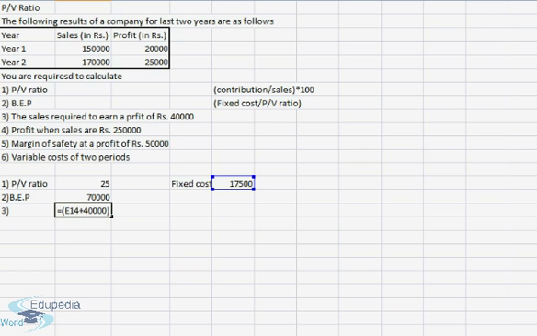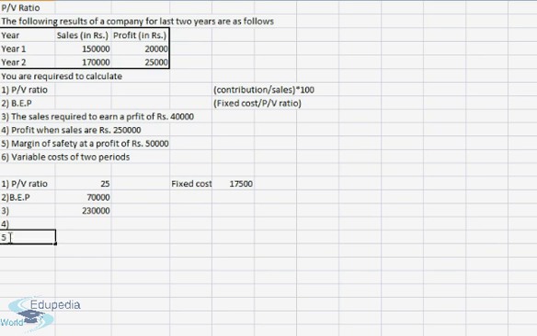We divide this by the contribution, or here we are already provided with the profit volume ratio, so we'll divide it by the profit to volume ratio, that is 25% here, so the value is 2,30,000. The fourth point is to calculate the profit when the sales are 2,50,000. That I guess you can calculate.